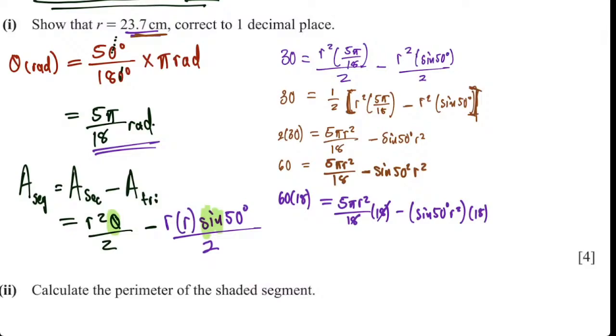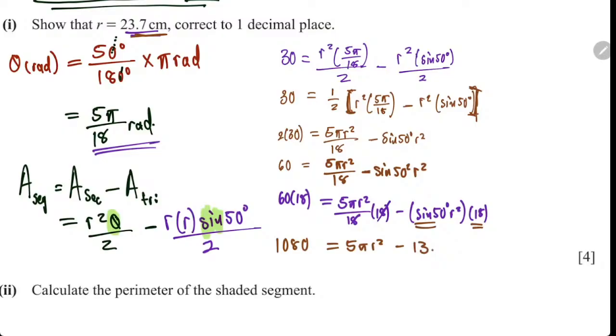What is 60 by 18? 1080. This is equal to 5 pi r squared minus whatever. Here you can say now 18 times sine 50 of r squared. So you say 18 sine 50. You get 13.78.